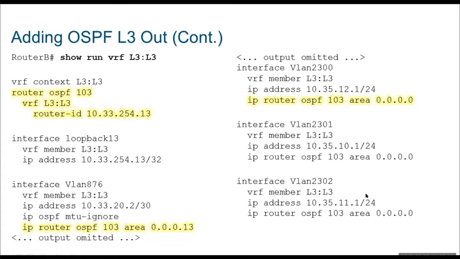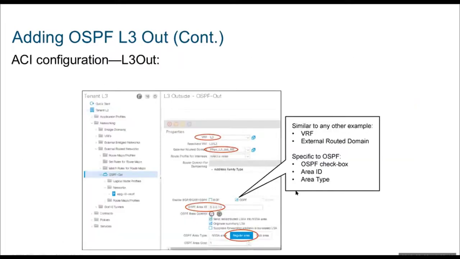So if the MTU size does not match on both ends of the peering link, again, OSPF will not. That's not something just specific to ACI. It's actually quite a common issue. MTU has to match for OSPF to go ahead and form a neighbor relationship.